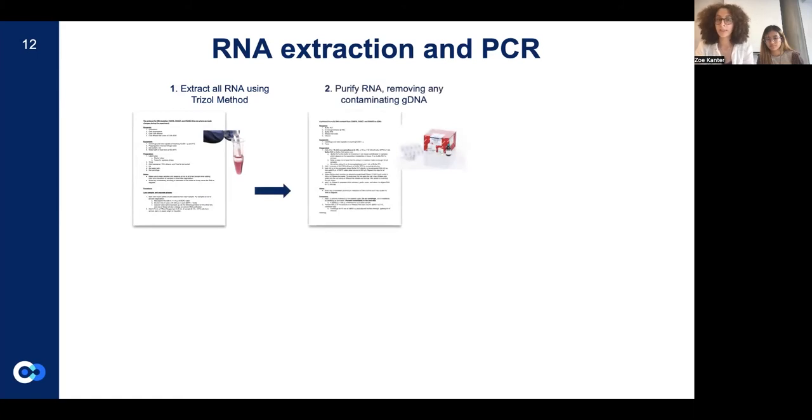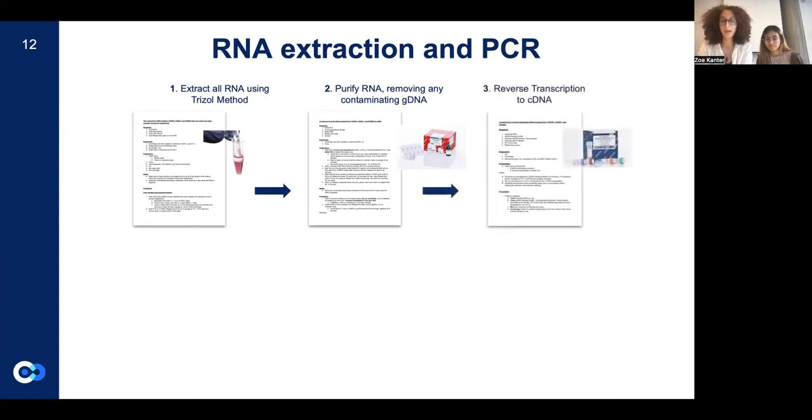Next, we had to purify the RNA, and we used this RNase spin column, and we also added the enzyme DNase to digest any contaminating genomic DNA because we only wanted the mRNA, because we wanted to measure the transcript levels of these genes. The next step was to do reverse transcription from the mRNA to cDNA.